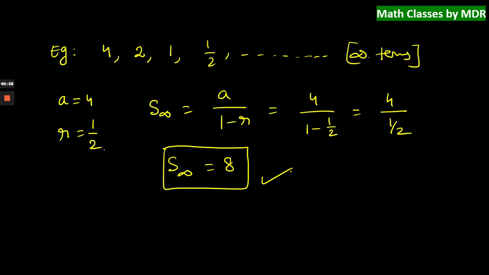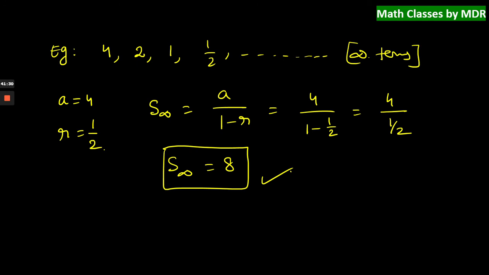So that's all about sequences and series: arithmetic series, arithmetic sequence, geometric series, and geometric sequence. We have discussed the nth terms of arithmetic and geometric sequences, the sum of the first n terms of geometric and arithmetic sequences, and the sum of infinite terms in a geometric sequence when r lies between 1 and minus 1.